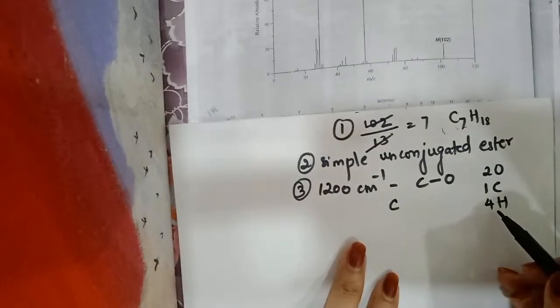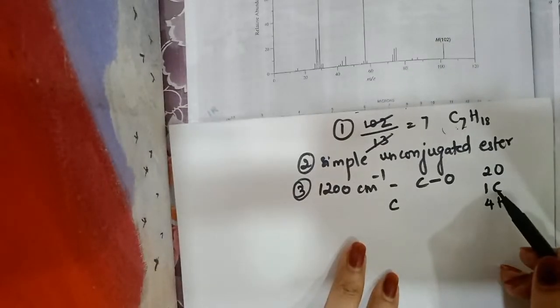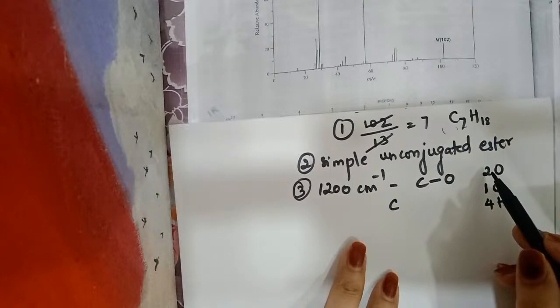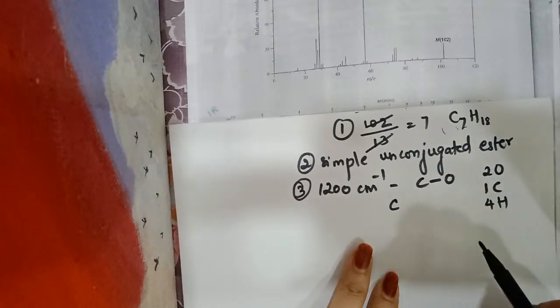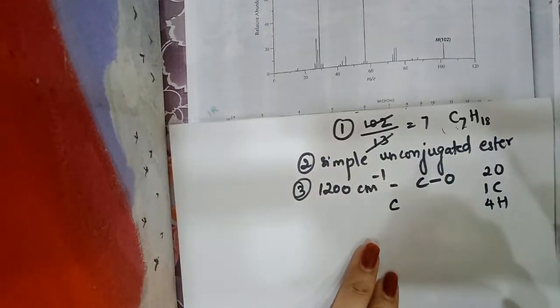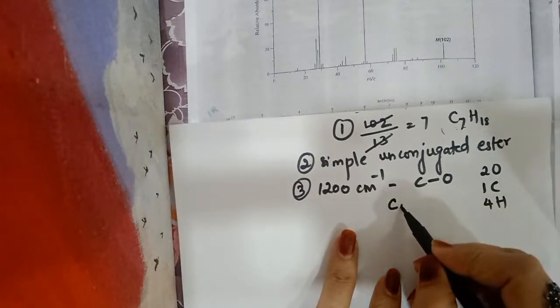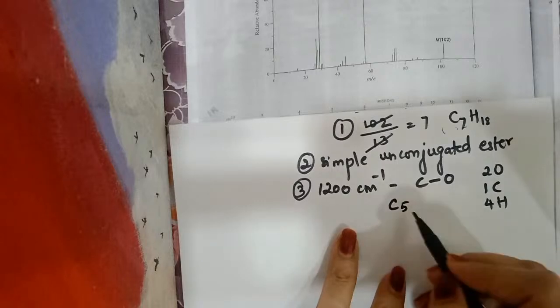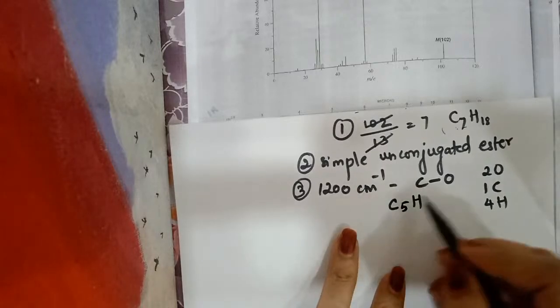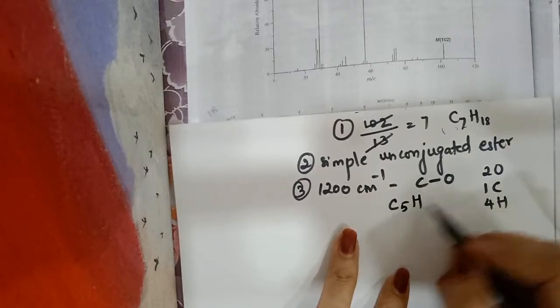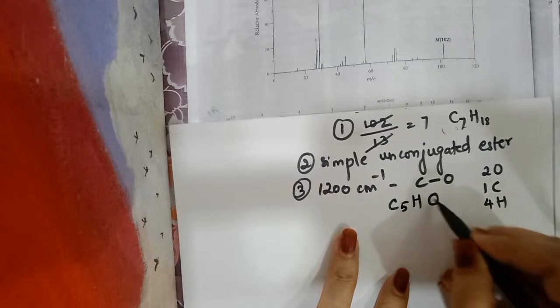In this way we will adjust 2 oxygens, that is per carbon and per 4 hydrogens. So the formula will now change to C5. We will adjust these hydrogens after putting O2.